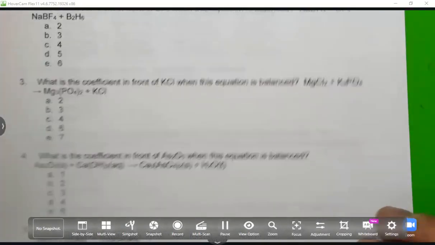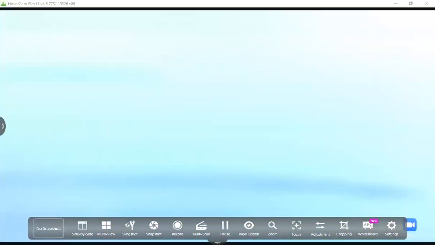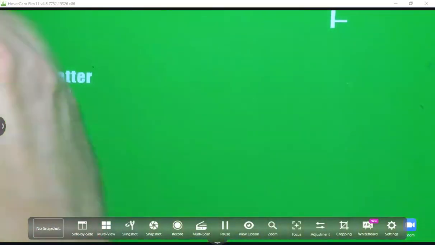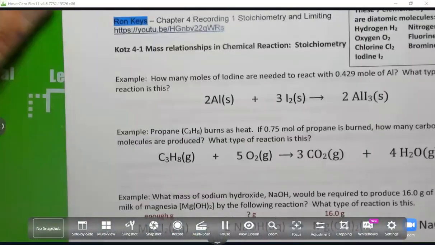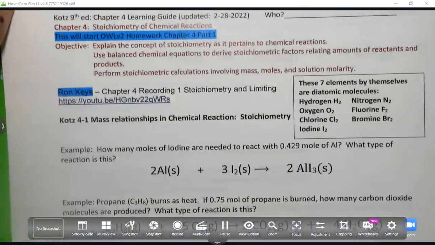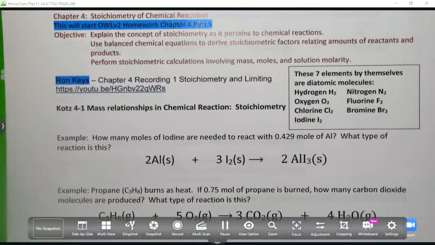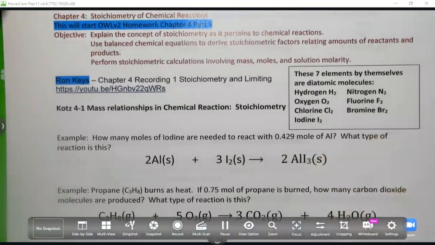Okay, now this is where we're going. No, not this one. This is where we are going now. Chapter 4. So I want to do 2 questions here before we go.